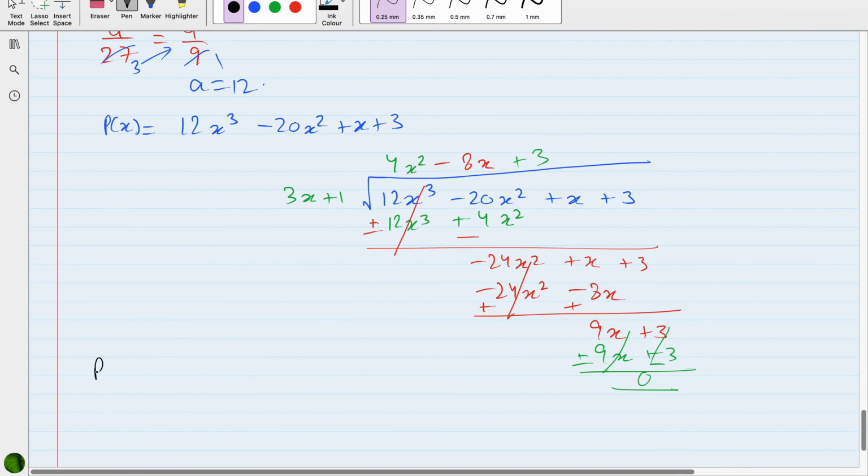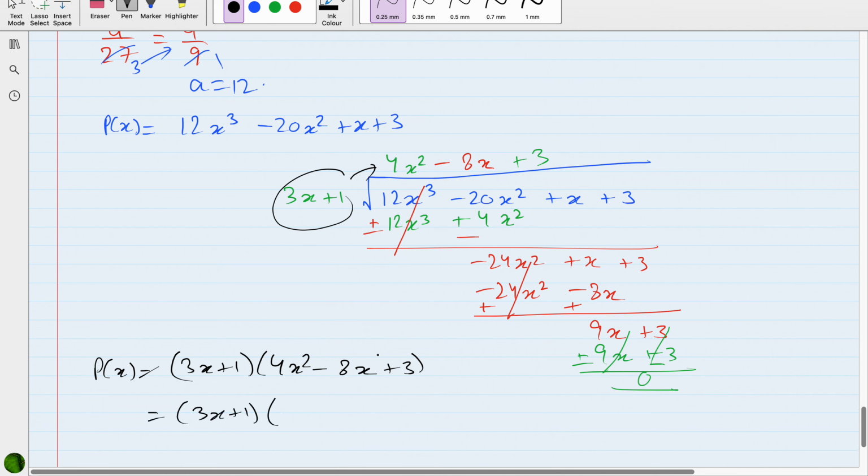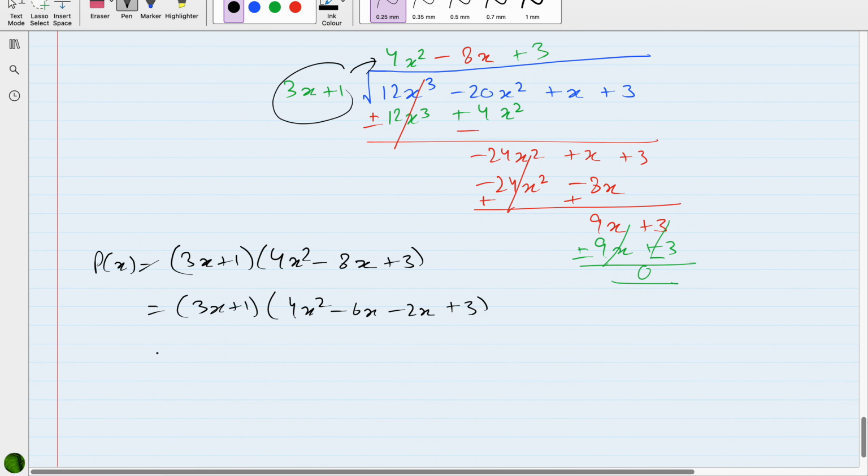Now the polynomial is the product of these two factors. 3x plus 1 and 4x square minus 8x plus 3. Mid-term breaking for the second bracket. 4 3 times is 12, so 4x square, and 6 and 2 gives us 8, and the product gives us positive 12. 3x plus 1, and taking out common 2x, left with 2x minus 3.